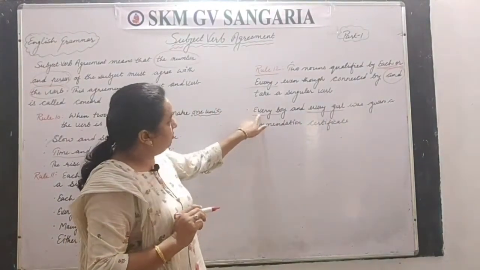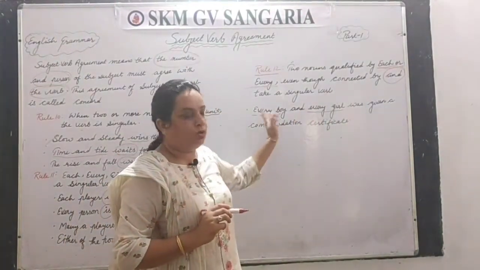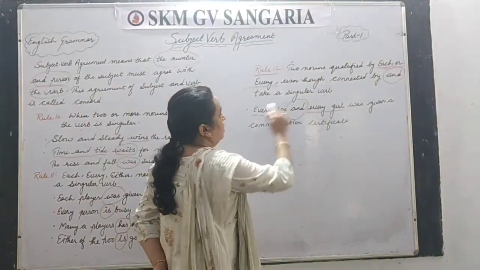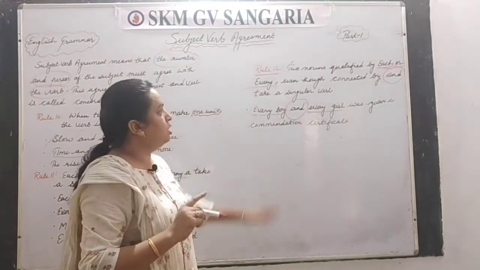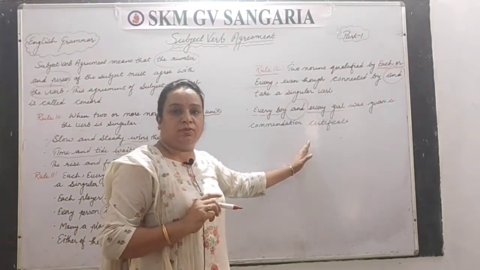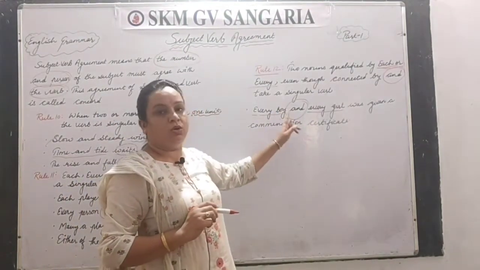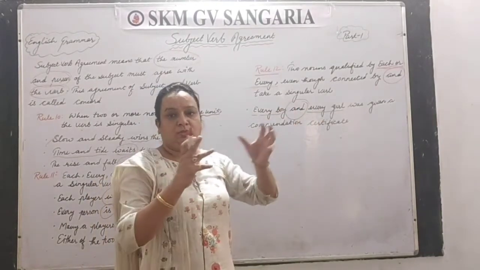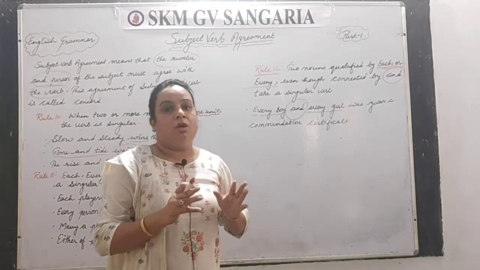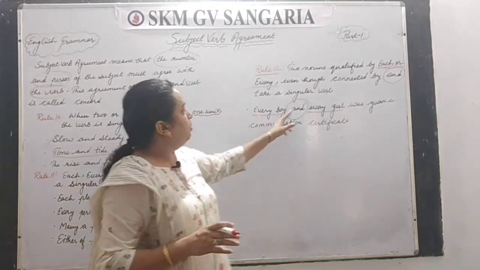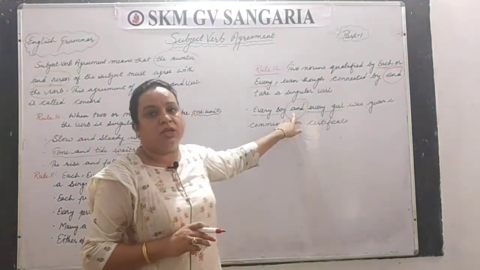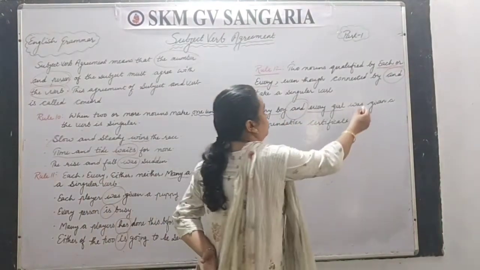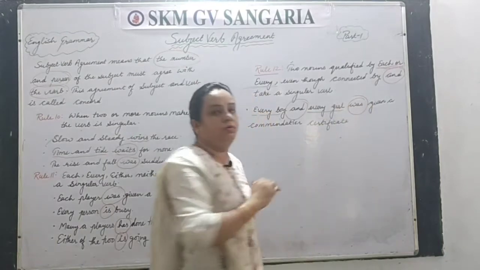We are using every boy, every girl, but these two are connected with the word "and." You will say that is making plural, but that is not so. Every boy and every girl, connected by "and," you have to use a singular verb.